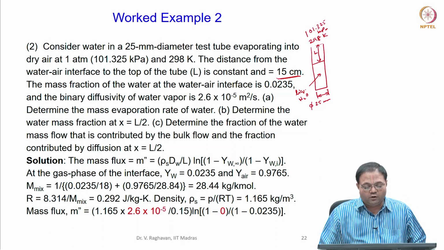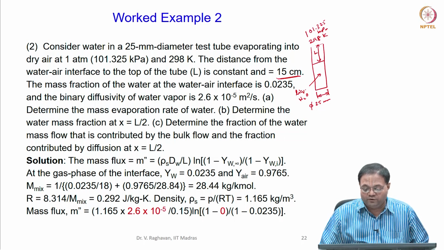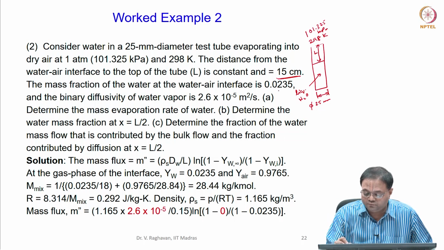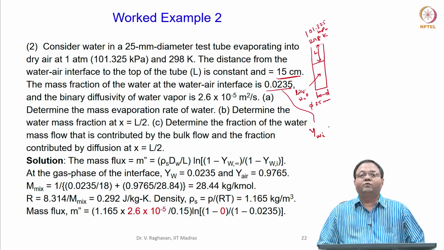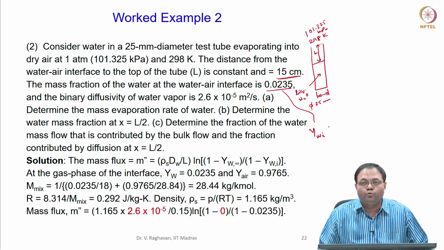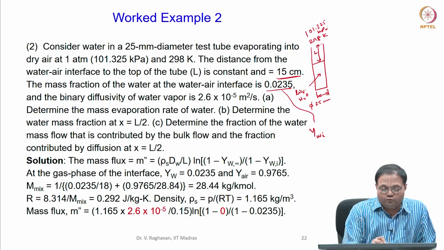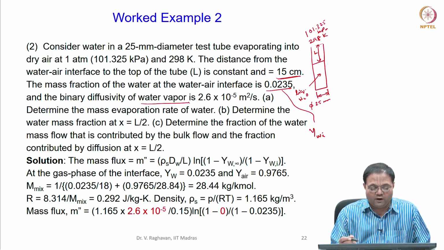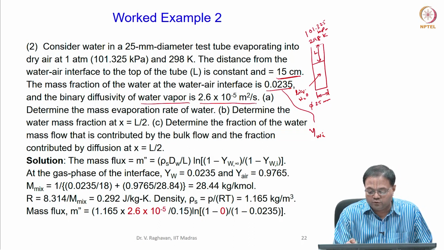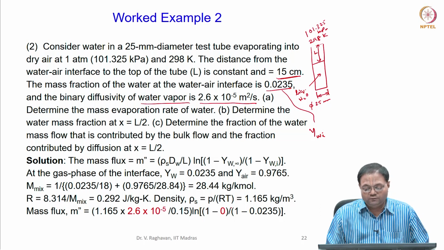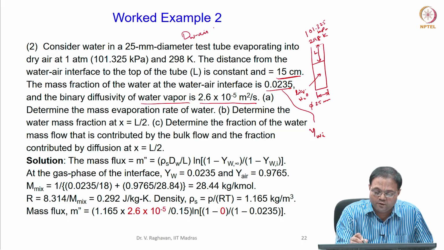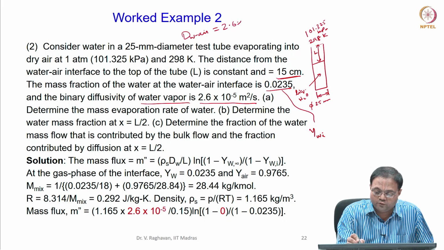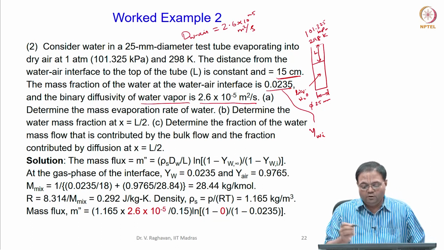The mass fraction of the water at the water-air interface, this is YWI, is 0.0235, and the binary diffusivity of water vapor into air, D water-air, is 2.6 into 10 power minus 5 meter square per second. So, these are the given data.